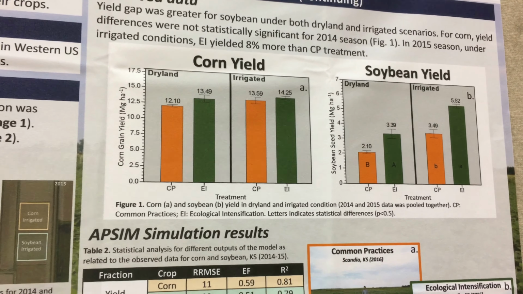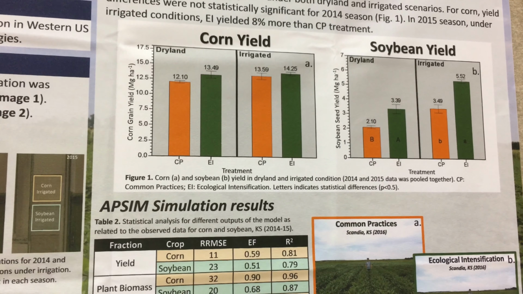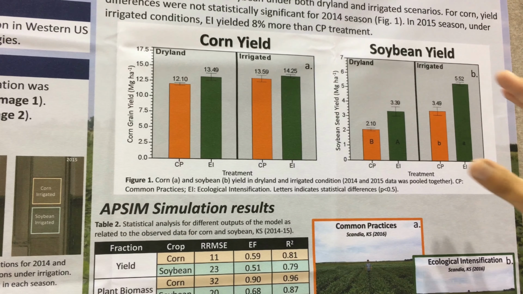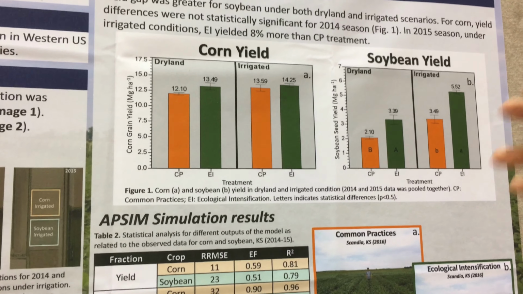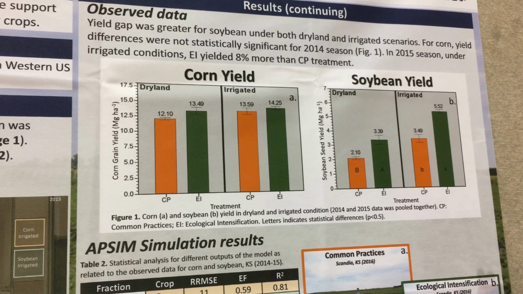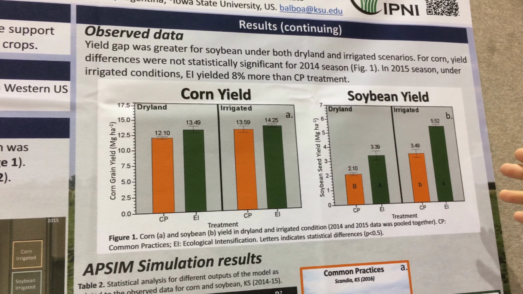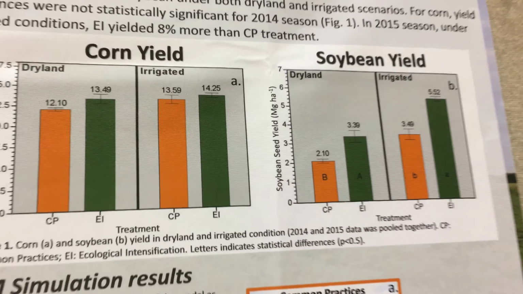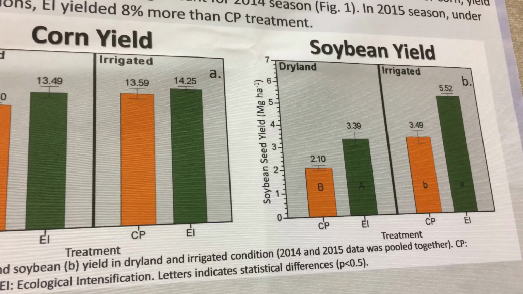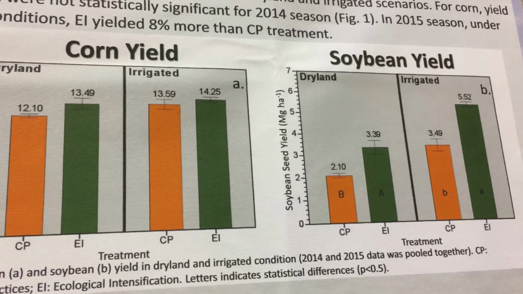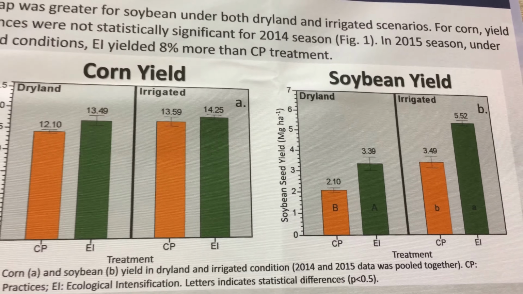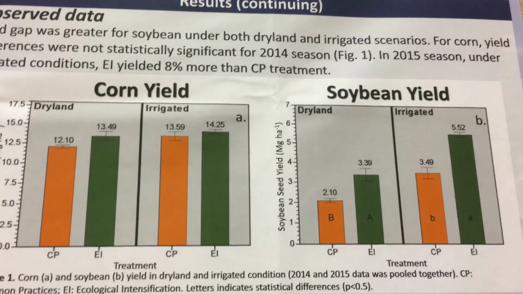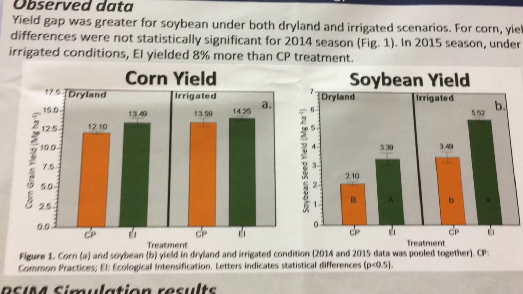But if we move to soybeans, we can see maybe some residual effect of the nutrients that the corn could not use. We saw a huge difference in dryland, going from 2.1 to almost 4 tons per hectare. And on the irrigated side, it's a big difference in yields, from 3.5 to 5.5. So we have 2 tons of difference in yield in that case.